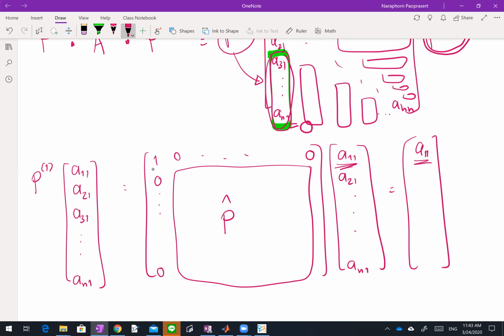So P hat is going to have the size of n minus 1 times n minus 1. This P hat is going to be multiplied by this A21 up until AN1. We call this vector y hat.